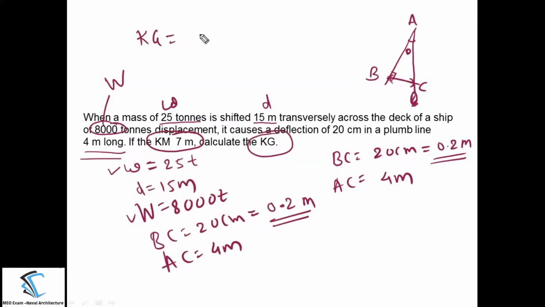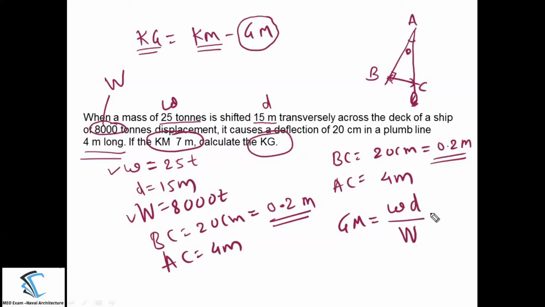So how to calculate that? KG is equal to KM minus GM. Then you will get the value of KG. KM is given to us. We have to calculate the value of GM. Now what is the formula for GM, which we have seen just now? GM is equal to small w into d divided by capital W into 1 by tan theta.